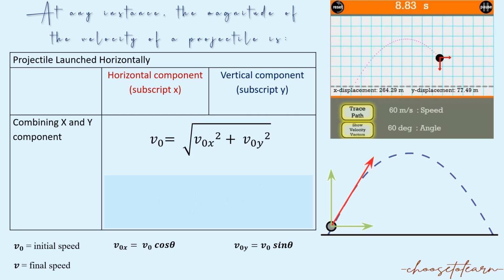Earlier, we've mentioned that the initial horizontal velocity based from the video clip is 30 meters per second. How did we get that again? Using this equation or formula. Again, the 30 meters per second, we are referring to this velocity.